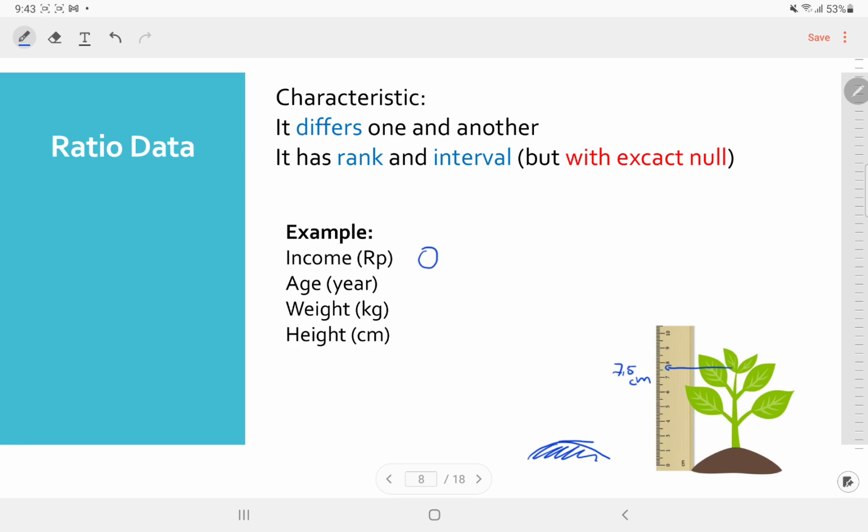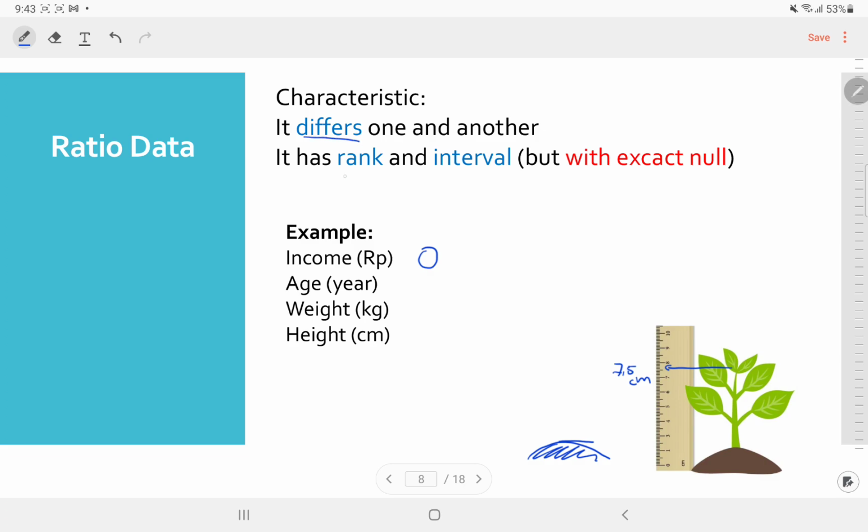Okay, so it's really easy to differentiate between the nominal, the ordinal, interval data, and the ratio data. So this ratio data is the most complete and complex one because it has all of the characteristics.